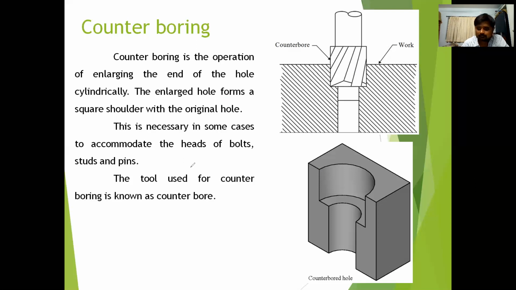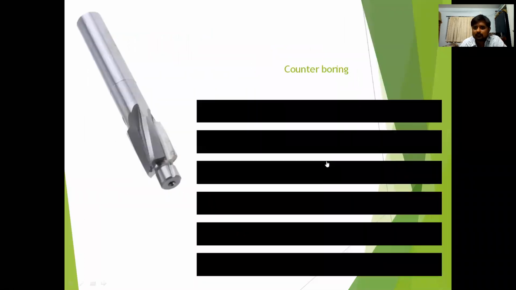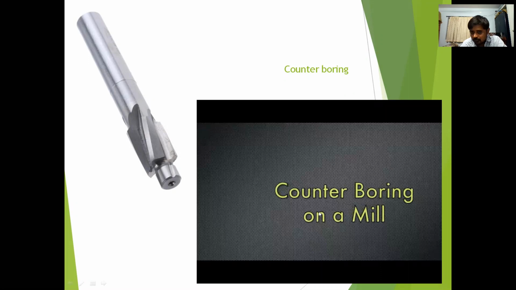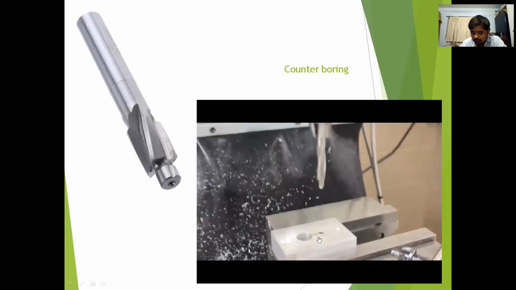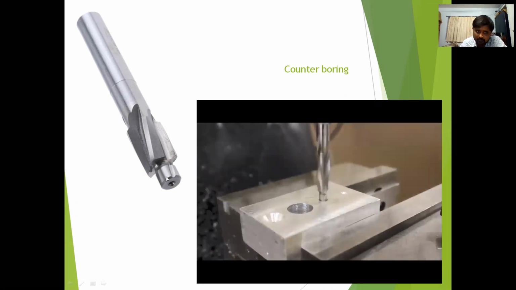Next one. This is the counter boring tool, and you can observe the counter boring operation. And this is the already drilled hole. As we know, we are not removing the metal throughout the depth.